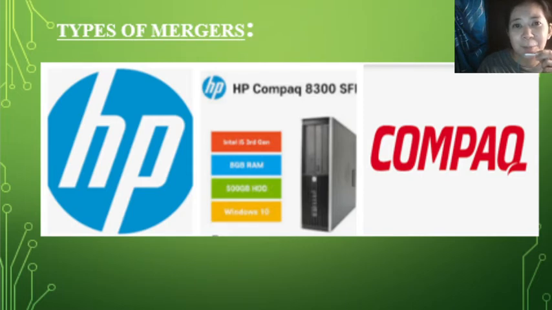These are two companies that were competitors, but they decided to combine and merge into one single entity. Again, their main purpose is to have greater market share, and of course, earn greater profits at the same time.